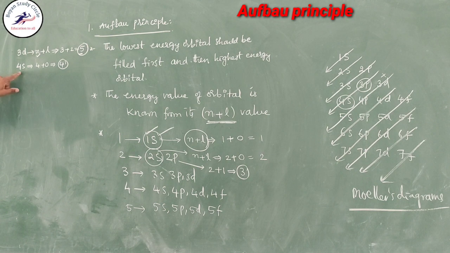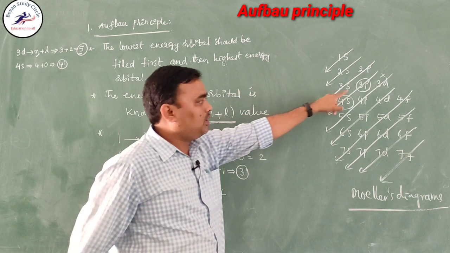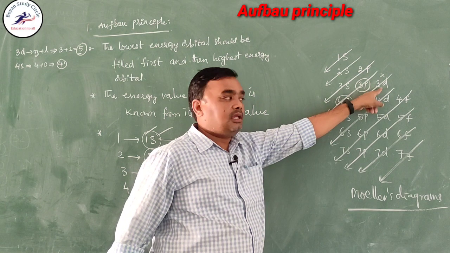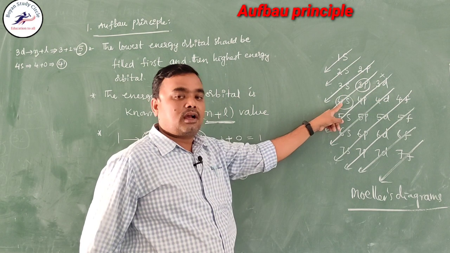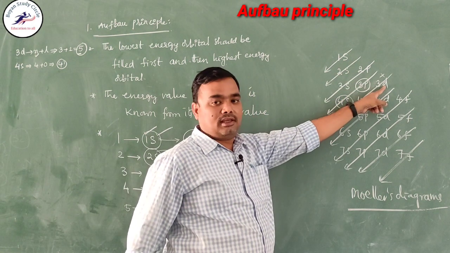Among 3d and 4s, which is having lowest energy? 4s is having lowest energy, not 3d. So, that is why after filling 3p, we are not moving into 3d, we are moving into 4s. After 4s, you are coming into 3d, right.